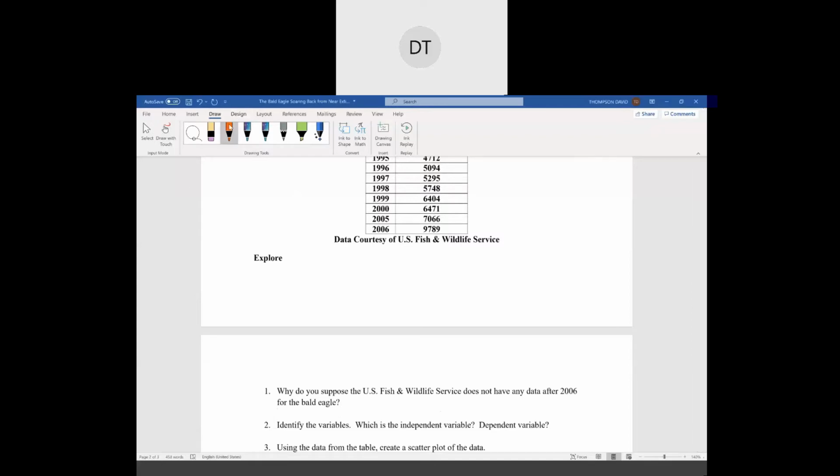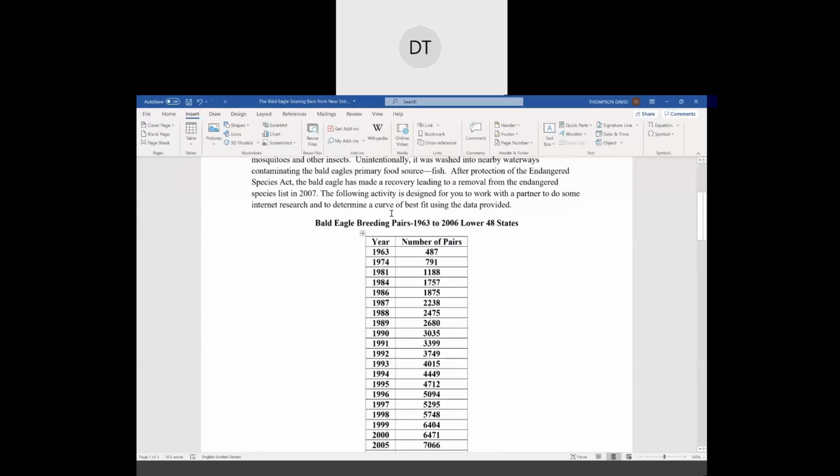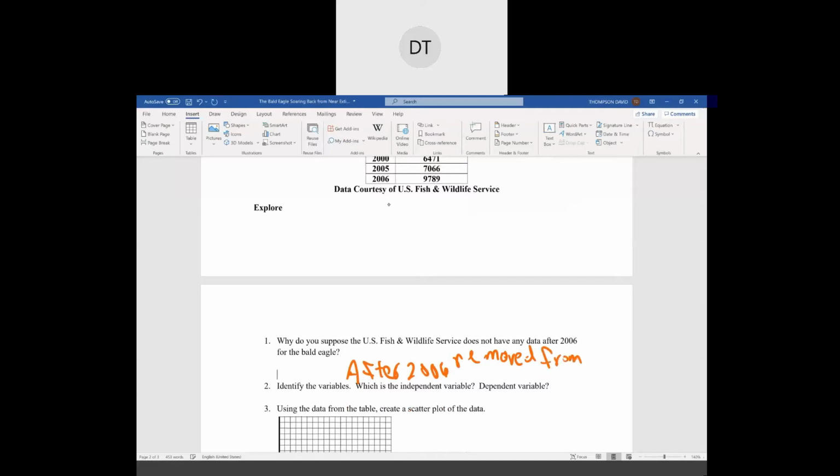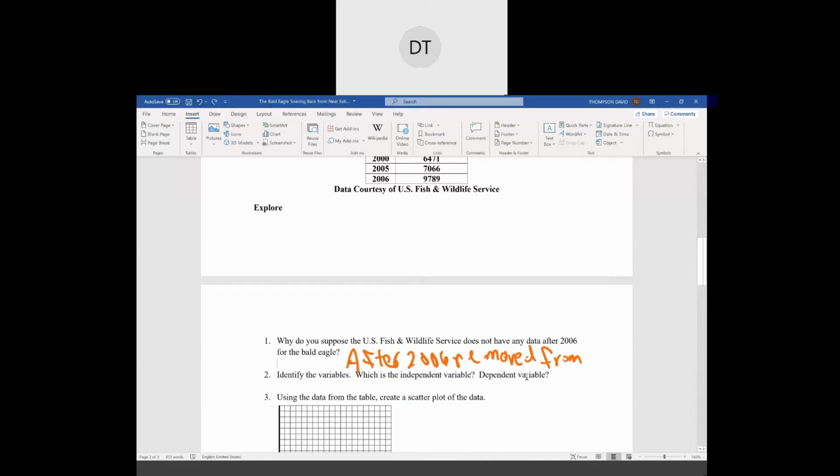I would say the reason they probably don't have any data after 2006 is because it says somewhere in the article that it was removed from their endangered species list.